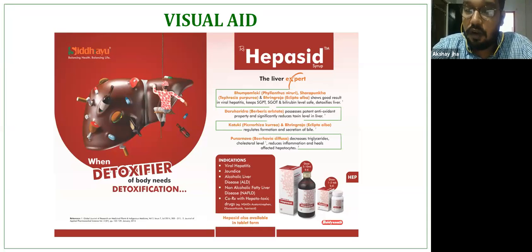So doctor, whenever the detoxifier of your body requires detoxification, please prescribe Hepacid. Hepacid is basically a liver expert, and then I go ahead and talk about these 4 points, that this product does this and can be used in this indication, and then you just show them the visual aid, that this is what it is, right?